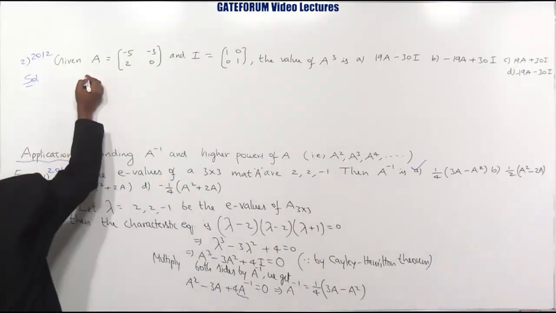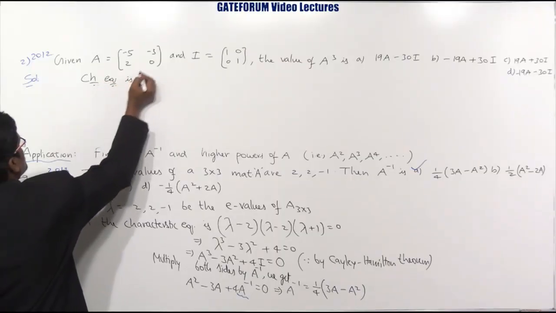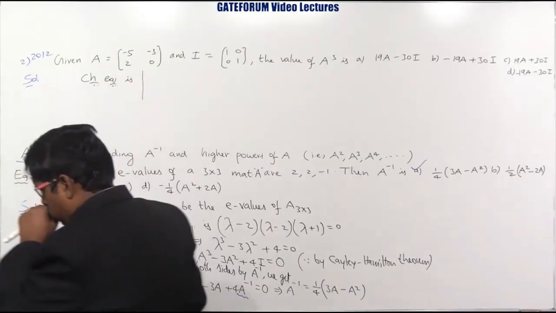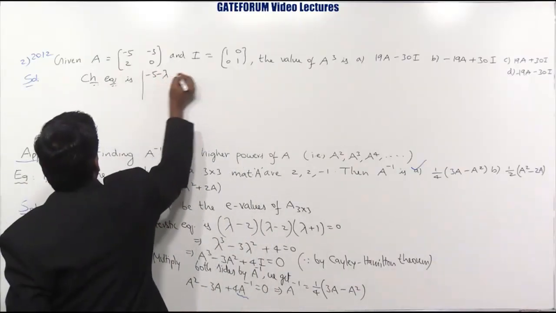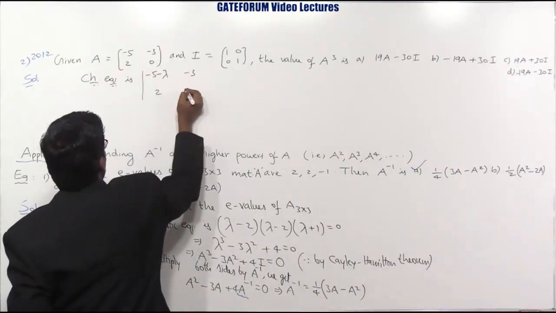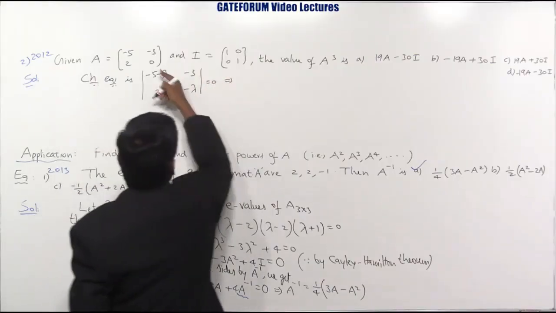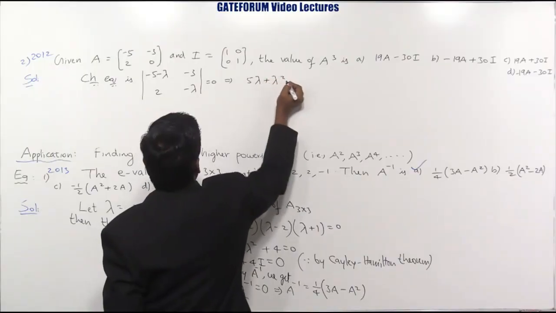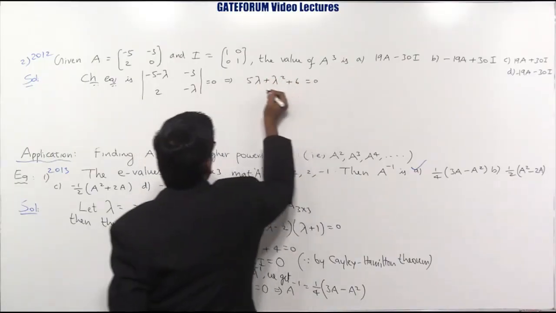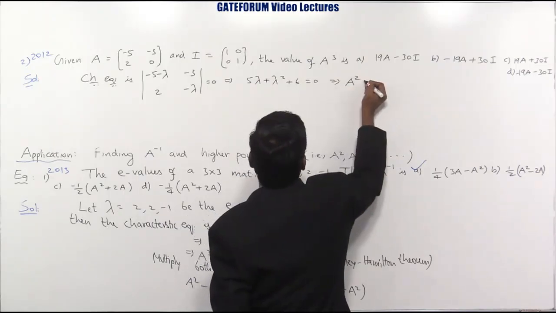So first, the characteristic equation, that is CHEQ, is determinant. Subtract lambda from the diagonal elements. Minus 5 minus lambda, minus 3, 2, 0 minus lambda, which means minus lambda, equal to 0, which implies AD minus BC. 5 lambda plus lambda square plus 6 equal to 0, which implies lambda is replaced by matrix A, that is Cayley-Hamilton theorem.